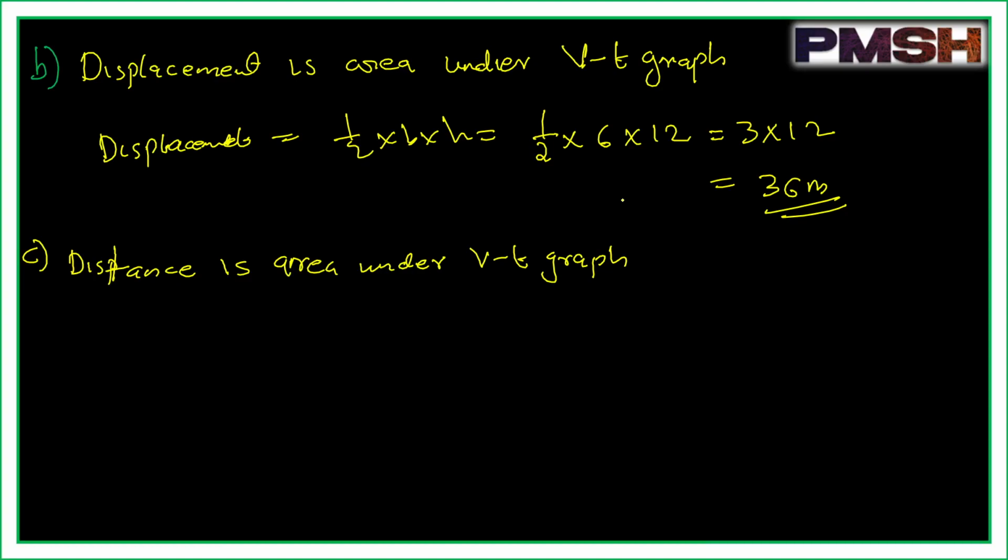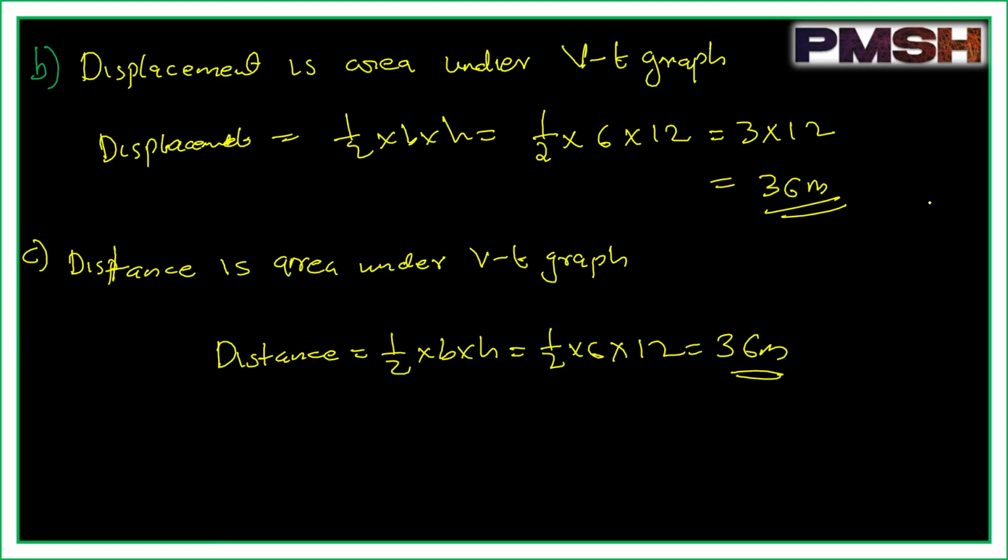So all of you please watch that part. Okay, so distance is area under VT graph. So here again the distance is going to be half into base into height, half into 6 into 12, 36 meter. So here the displacement and the distance are same. There can be questions where displacement and distance will be different values. Okay, so you have to practice more number of questions.